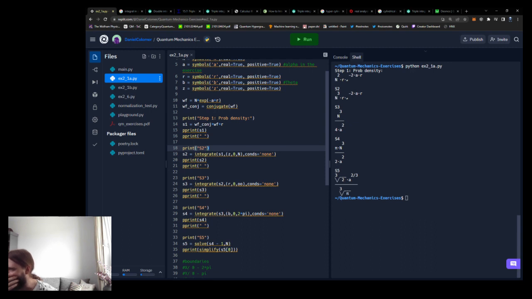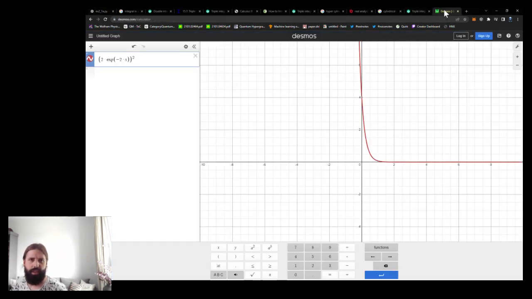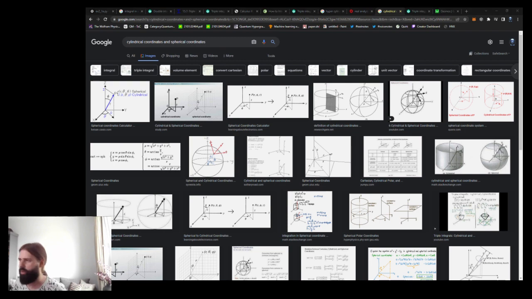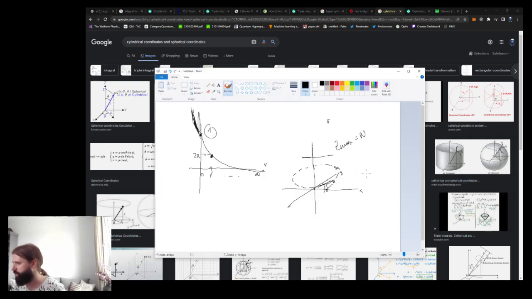And then R. Maybe there's something wrong here with R, but R can really be infinite, right? R can definitely be infinite. Yes, it can be infinite. It's a radius. R can just be whatever point here.